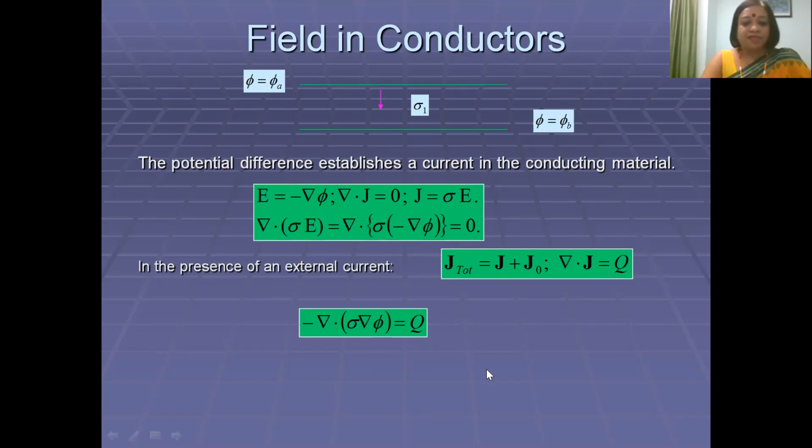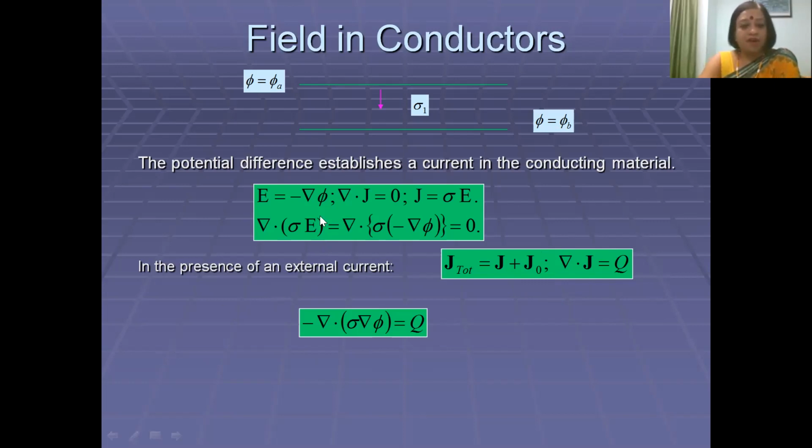Now, in case of conductors, you might have a situation where over and above a potential difference that establishes a current through the material, there might be an external source of current. Let us imagine that there is an external source of current, which is J naught. In that case, the total current density would be J plus J naught. And if there is an accumulation of charge, then divergence of J is equal to Q. So at any point, Q quantity of charge may be established.